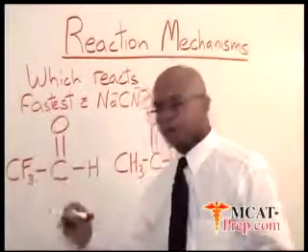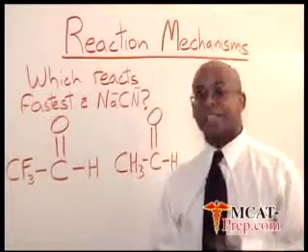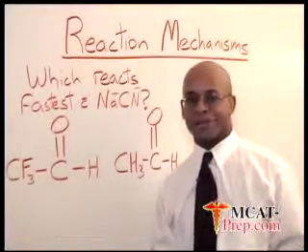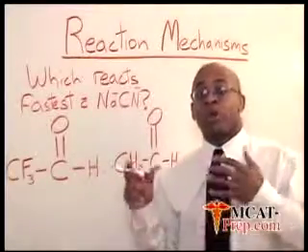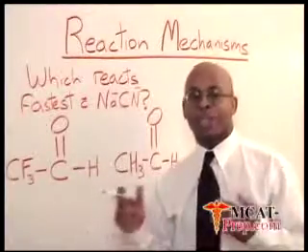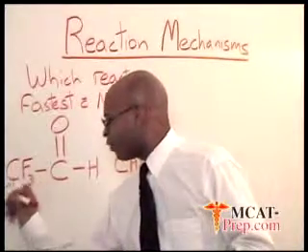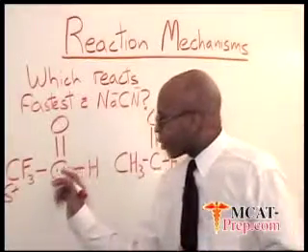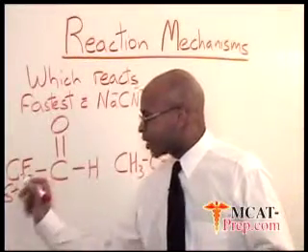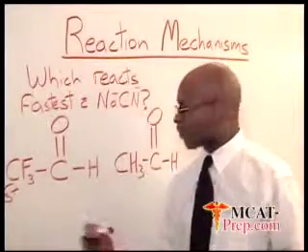So these 3 fluorines are all going to be delta negative, and this carbon is going to be very seriously delta positive, because it's not just attached to one electronegative atom, it's attached to 3 of the most electronegative atoms on the periodic table. The carbon next to it, because this one is very delta positive, what will it do to electrons?